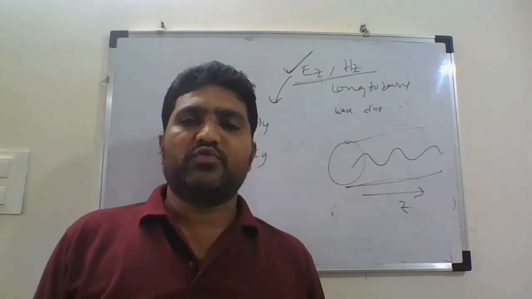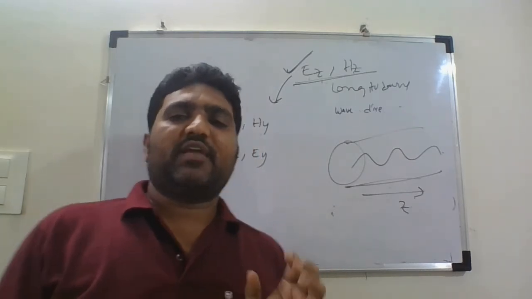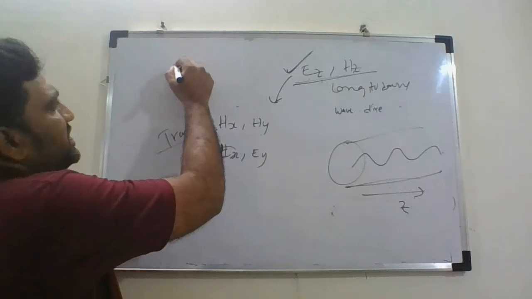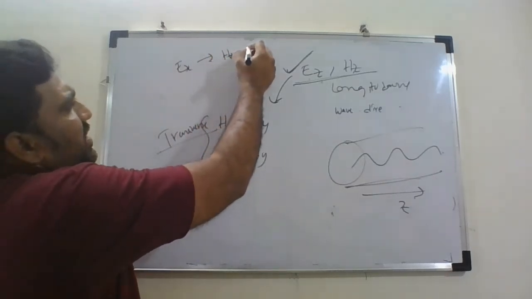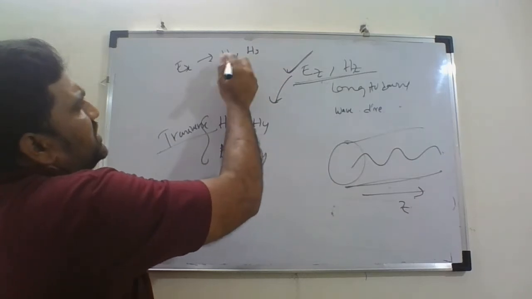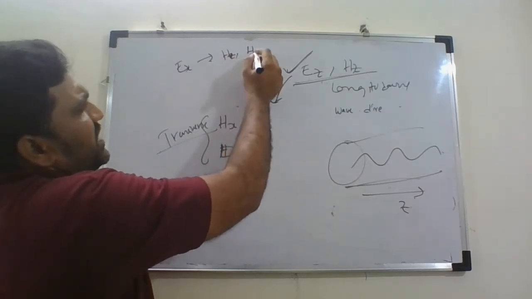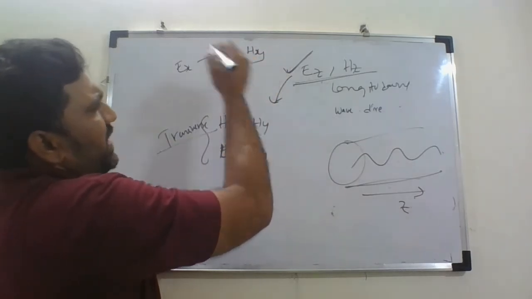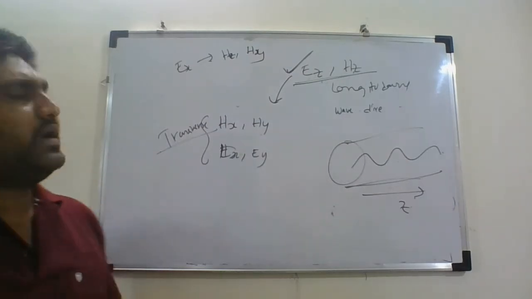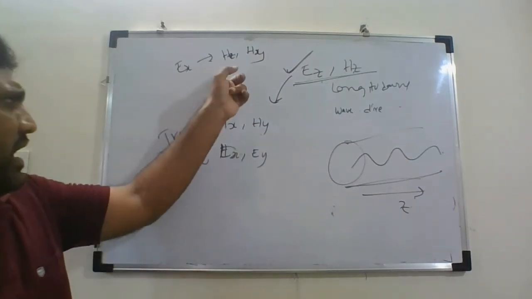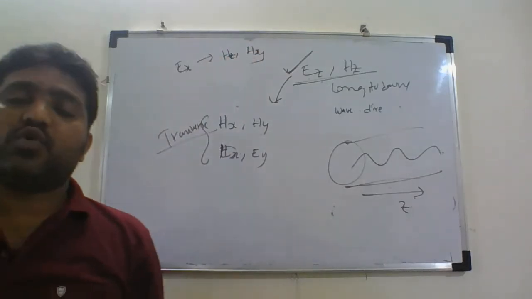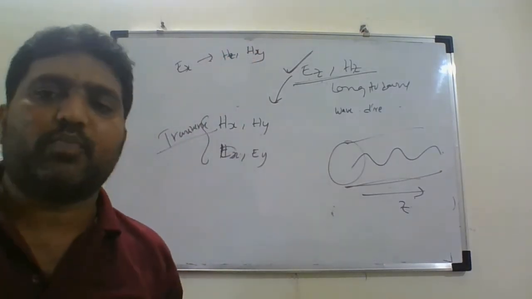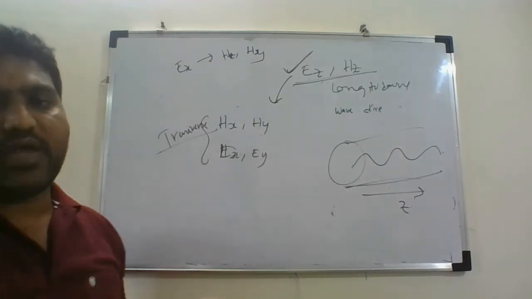But if I take, for example, Ex, it has a component of Hz and a component of Hy. Hy is a transverse component, so I don't know that.